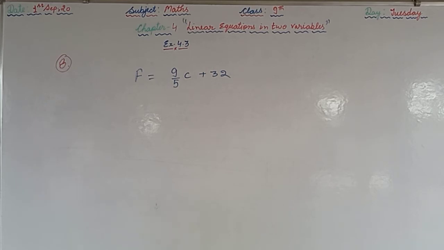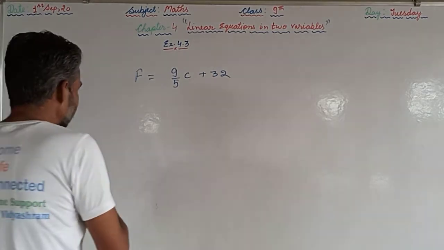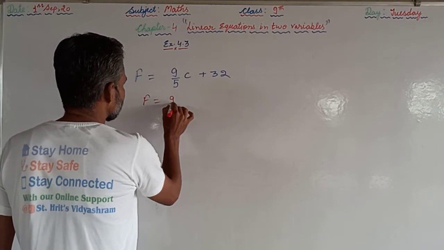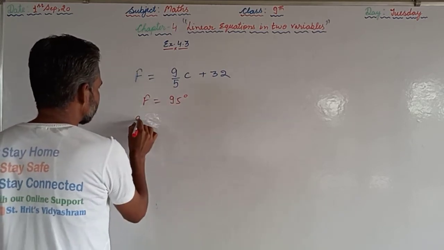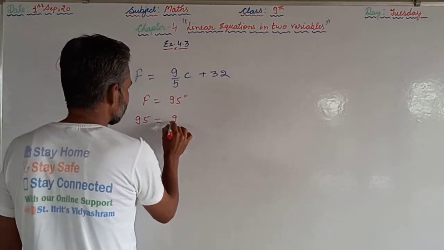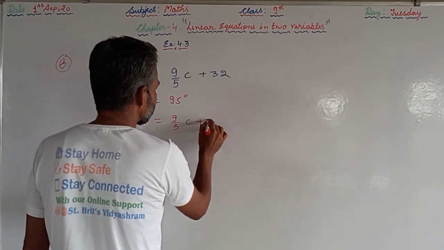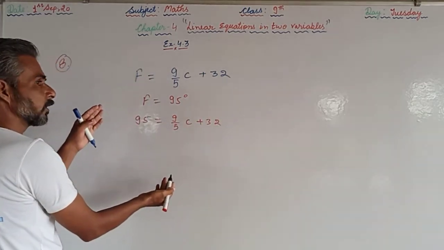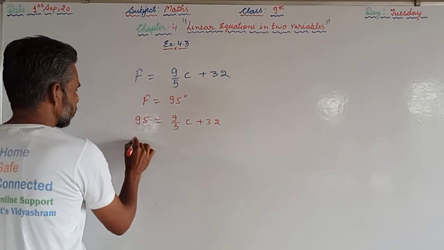We now discuss the third part. If the temperature is 95 degree Fahrenheit, find the temperature in Celsius. Now F equals 95 degrees, so we substitute 95 equals 9/5 C plus 32. Now we transfer 32 from the right hand side to the left hand side.